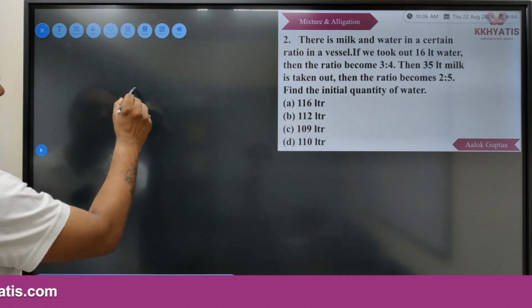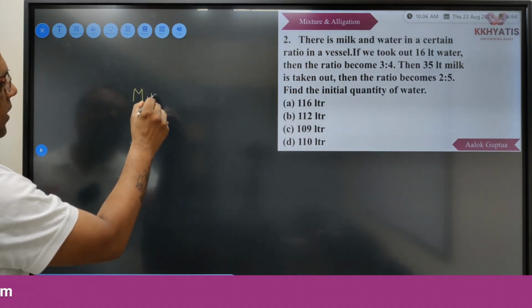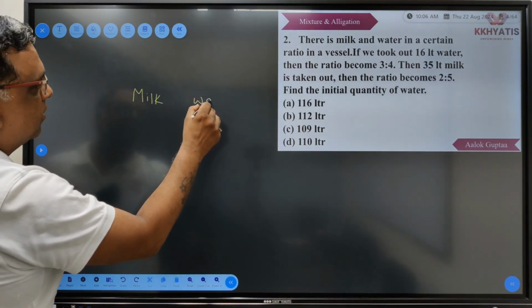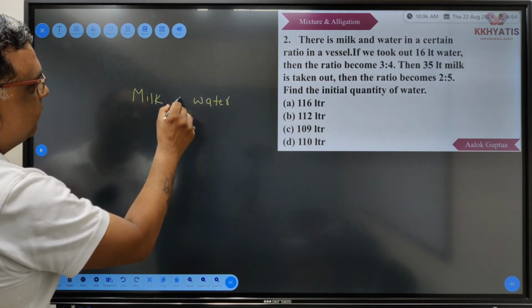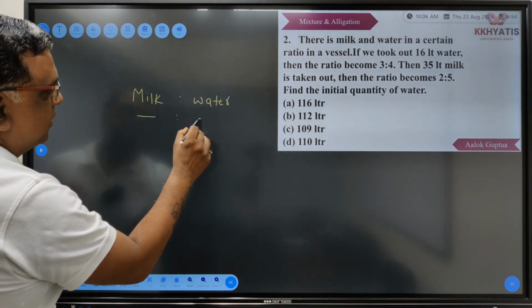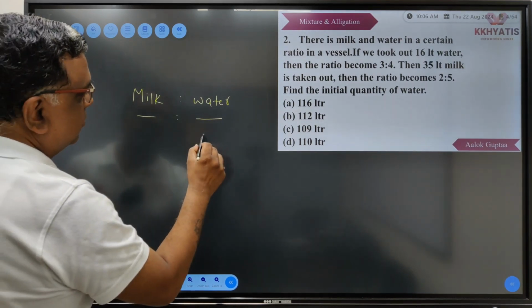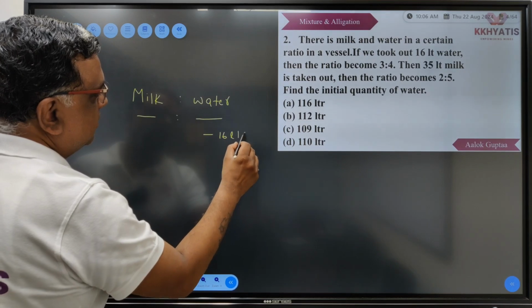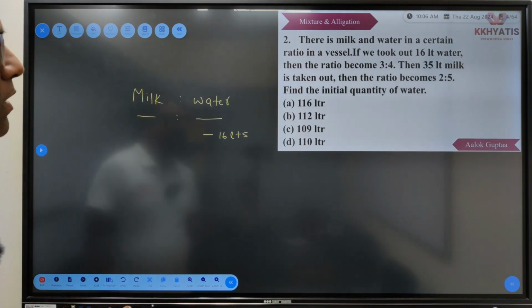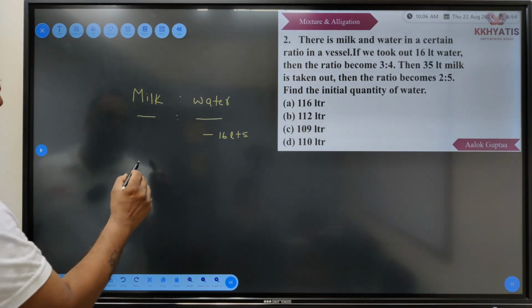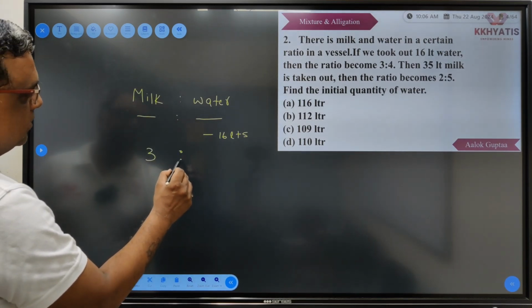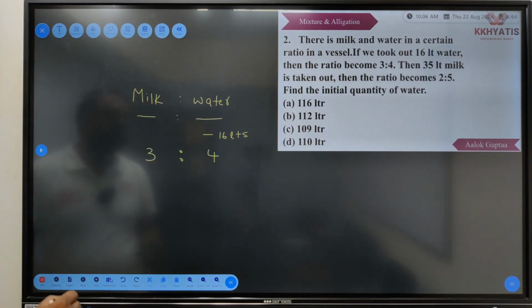So again, in this question, we have been given milk and water. I don't know the ratio, so I'll just put a dash here. If we took 16 liters of water out, then I took 16 liters of water out. The ratio became 3:4.